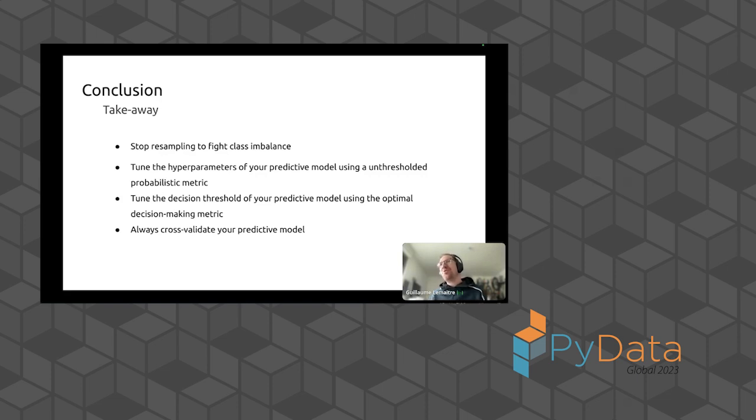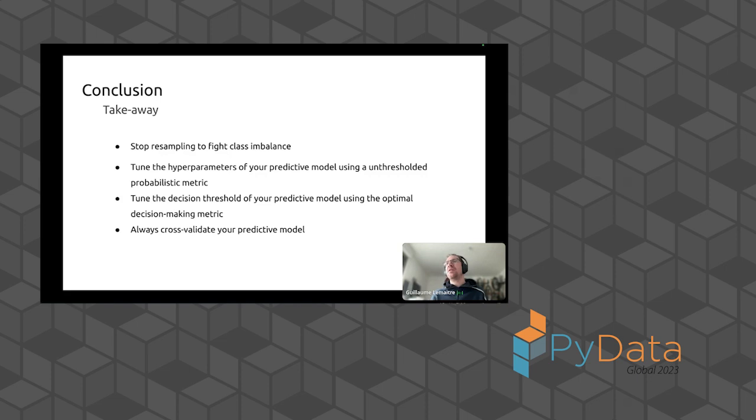Why not resampling for class imbalance? The only reason you might still want to resample is maybe to speed up your learning. So you might resample, fit the classifiers, and then you need to recalibrate your classifier. Because you train on less data and maybe it's good enough, you can still use resampling for that specific use case.